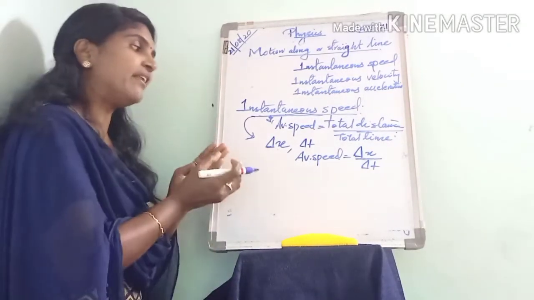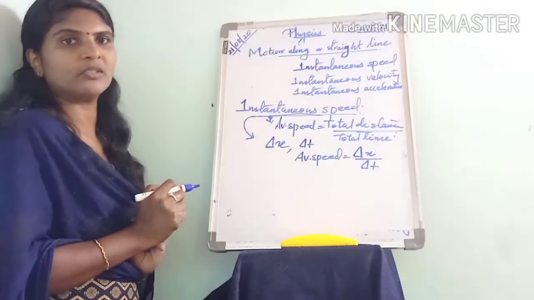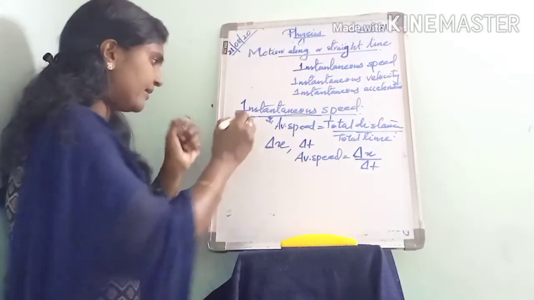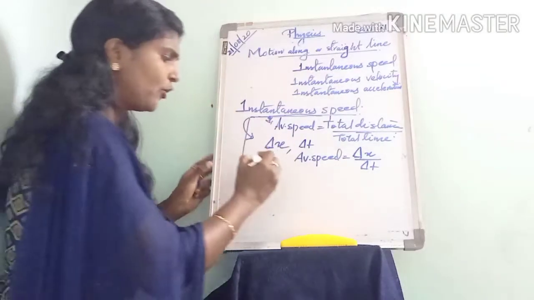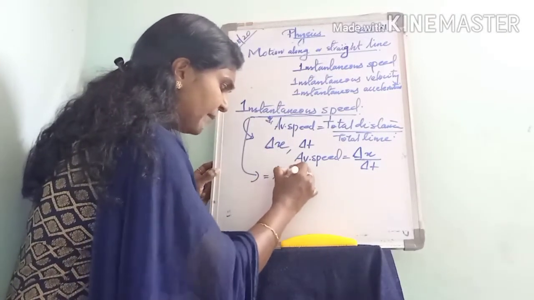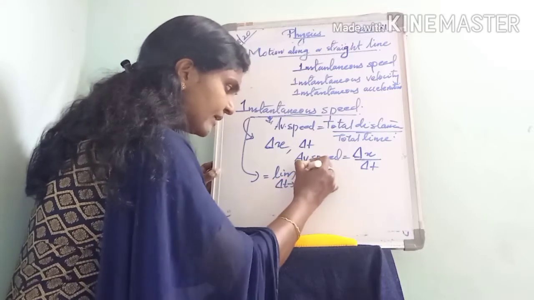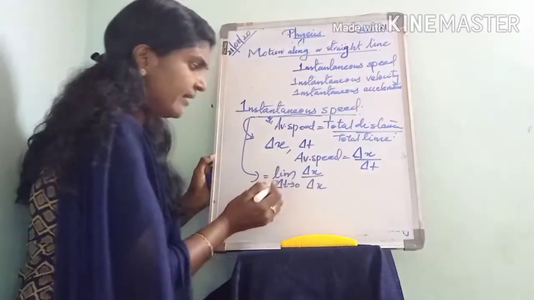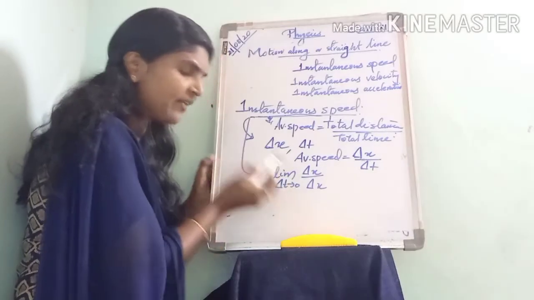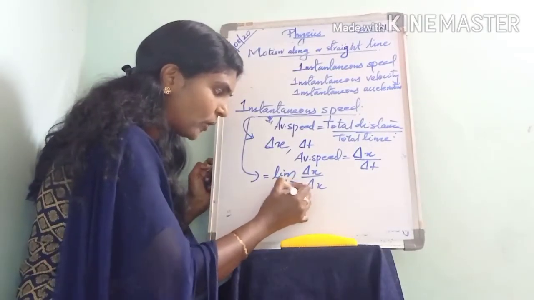For that we have to apply a limit. The instantaneous speed is the limiting value of the average speed when delta t approaches 0.